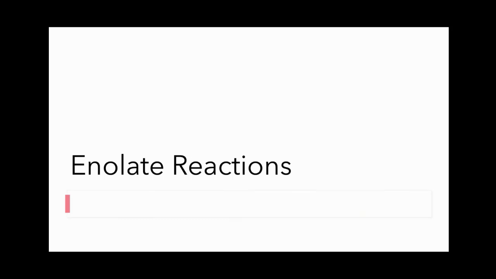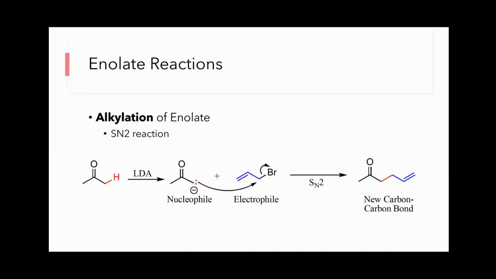All right, so let's look at the reactions of the enolate. If you want to add more carbons to a ketone, we just form the enolate. You can do that with LDA.